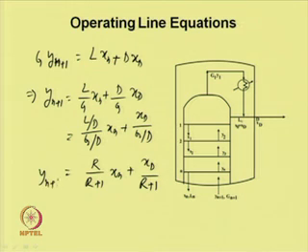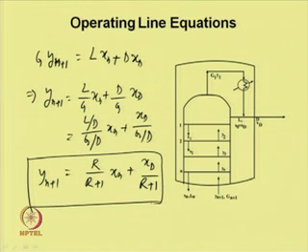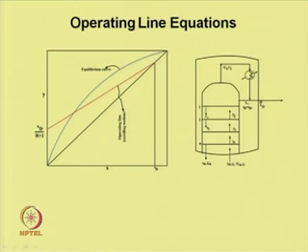So, this is the equation of the operating line in the rectifying section. If we know the slope R by R plus 1 and the point x d, then we can plot the operating line. So, this is the point x d, and we know the slope, so we can plot the operating line.